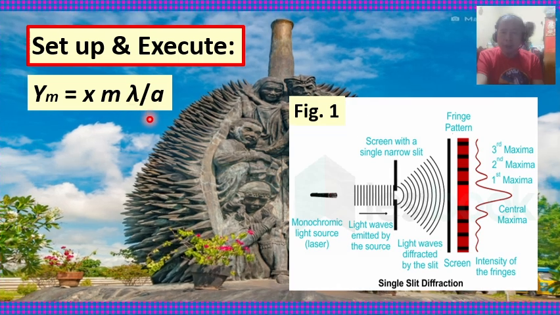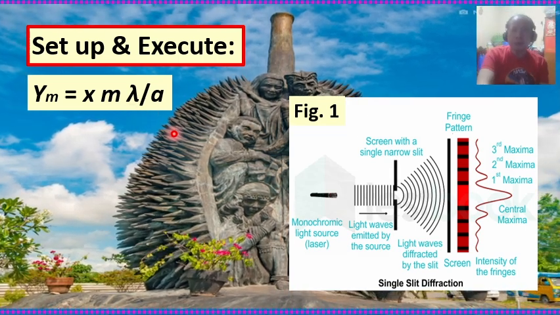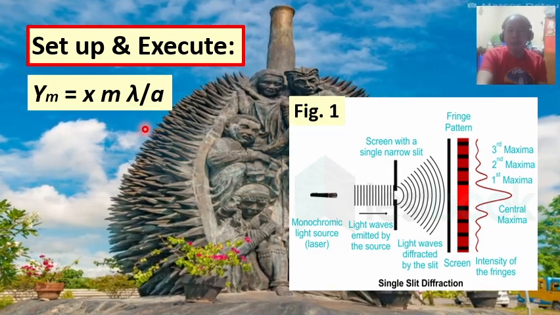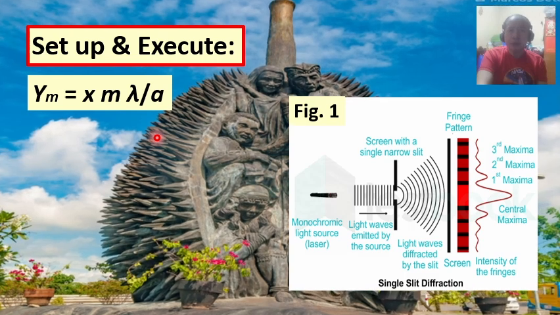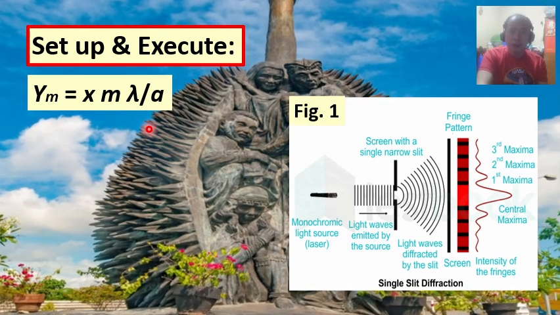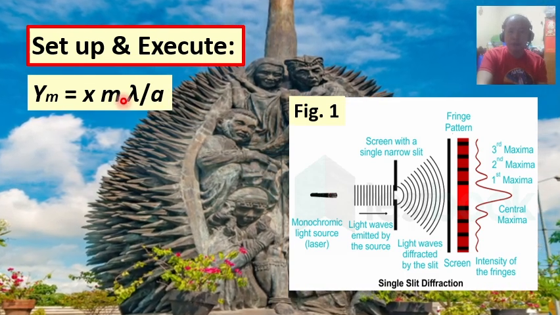And of course, lambda is the wavelength of the incident light, which is emitted by a monochromatic source.